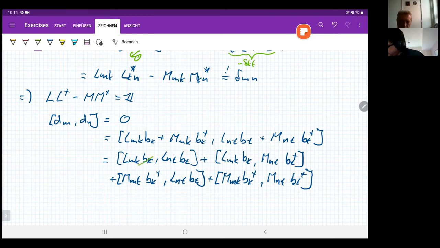And we have again, these are 0. And these are 0. And in the other two, we get the delta function. We here get the minus delta KT.